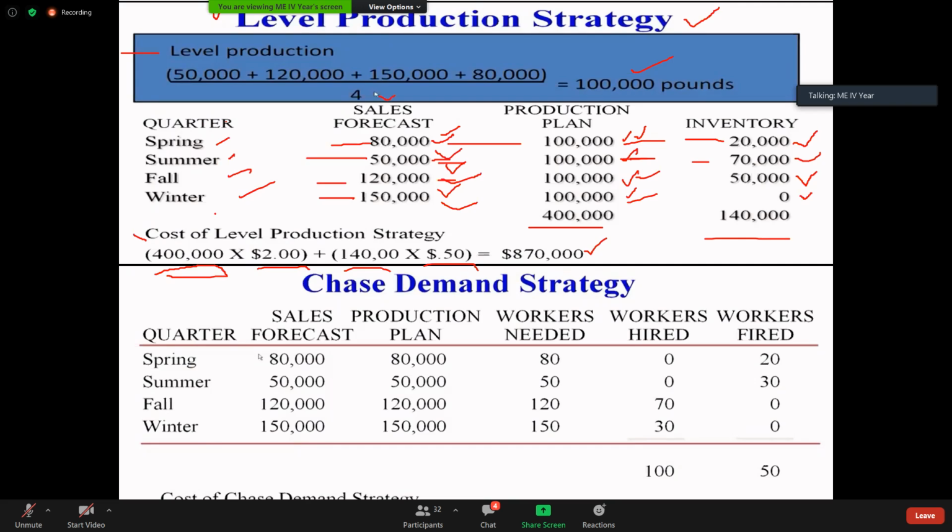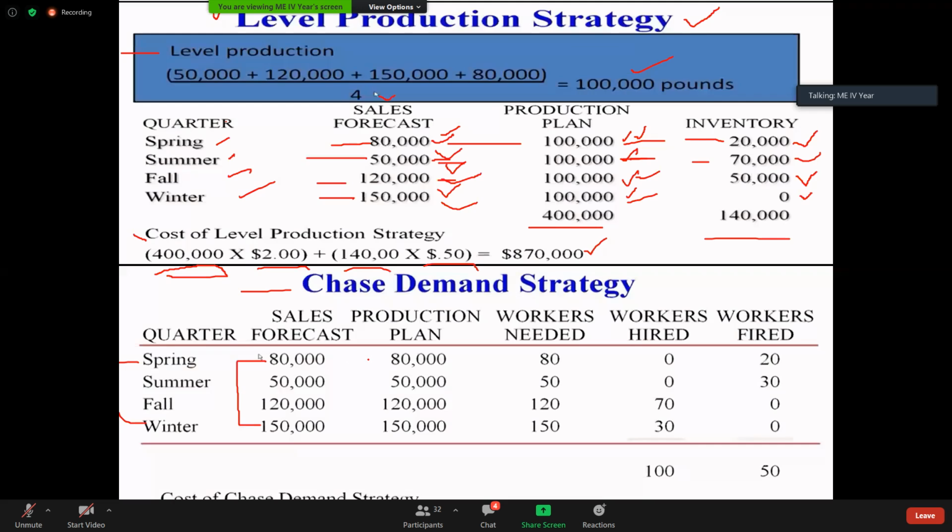Okay, so I'm going to the next strategy, that is the chase demand strategy. Similarly, I wrote here 4 quarters and 4 quarters of demand, and I have a production plan.